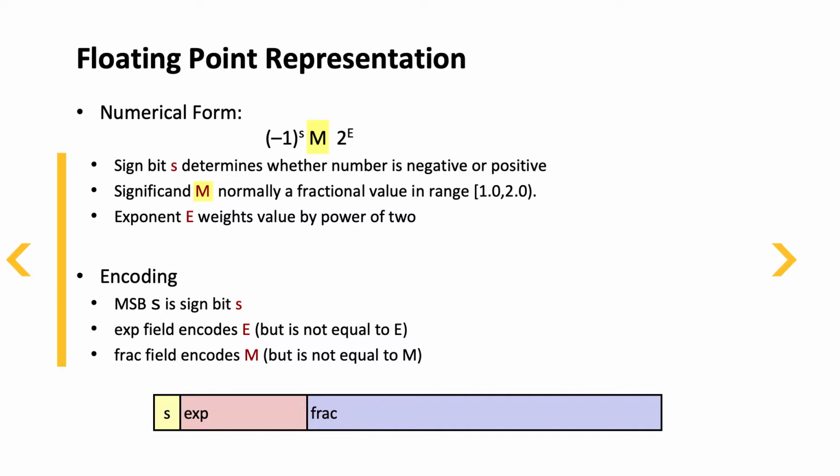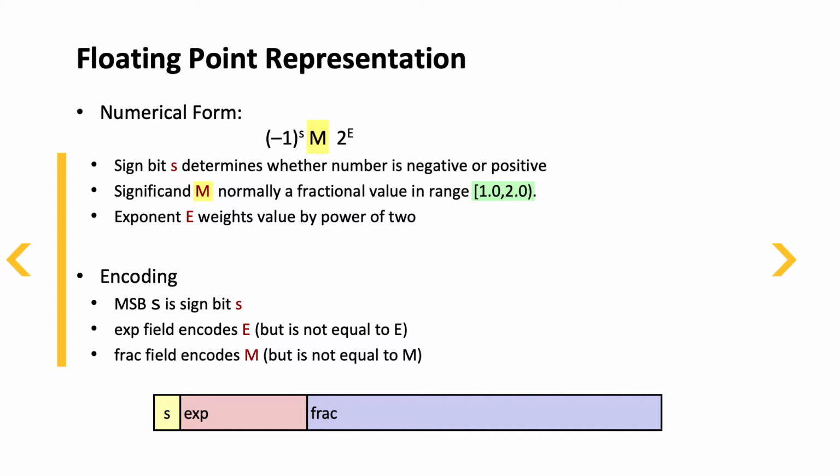Now, the significand, m, is normally going to be a fractional value in the range of 1.0 to 2.0. Now, we've got to pay attention when we're dealing with these mathematical notations here. Notice that this range has a little square bracket on the left and a rounded parenthesis on the right.